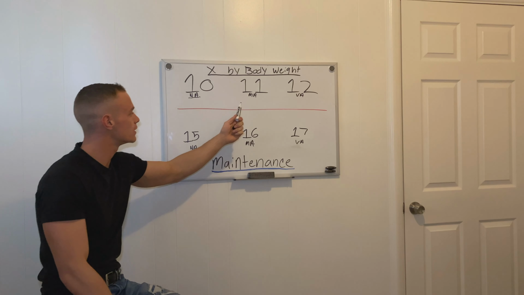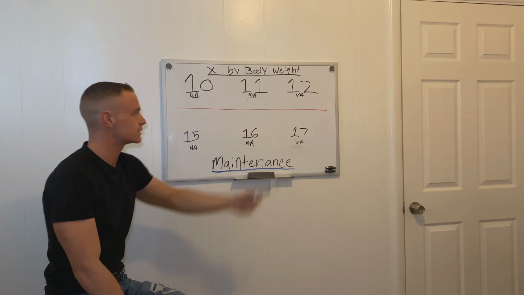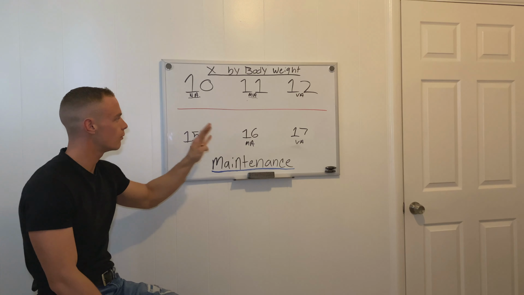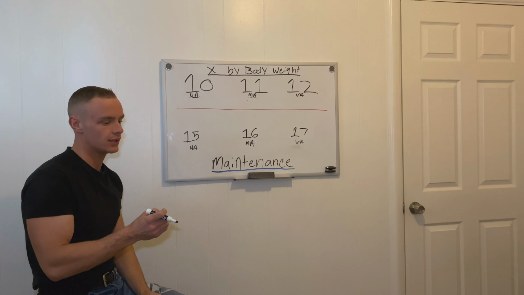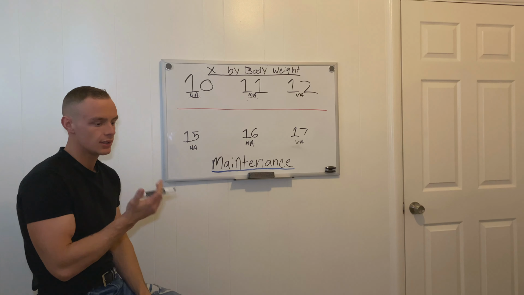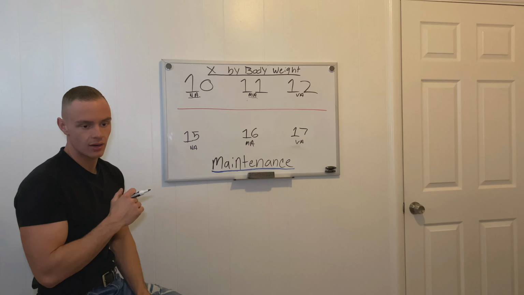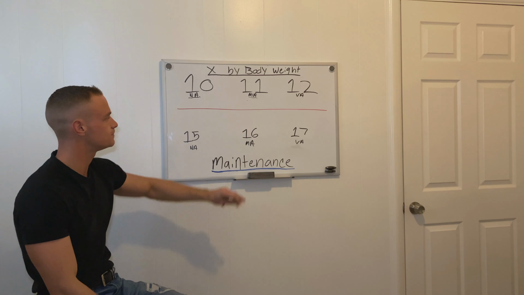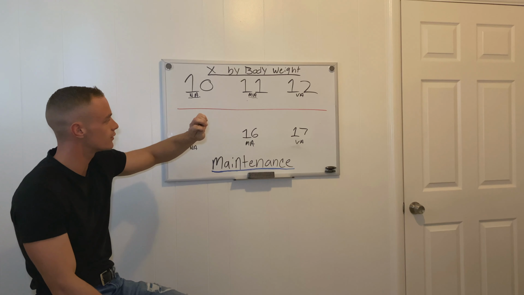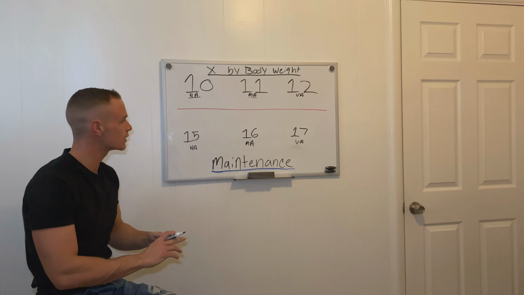Now, over to the next one, this is moderately active. So if you're on your feet most of the day and you're walking around, whether you're at a car dealership and you're running around tagging cars, or let's say you're a server, a waitress, this would be you moderately active.